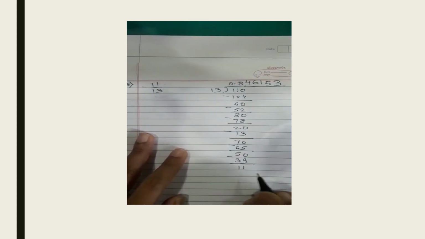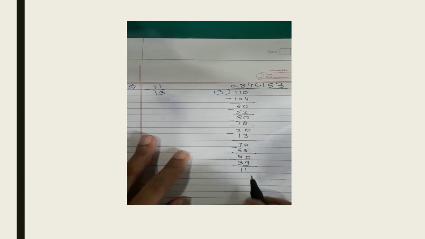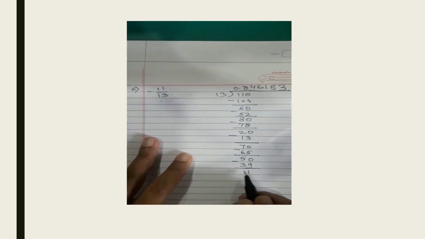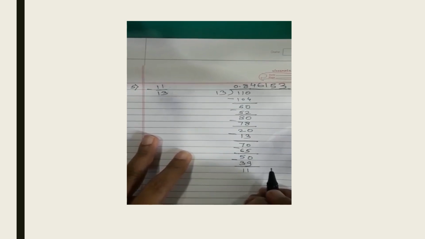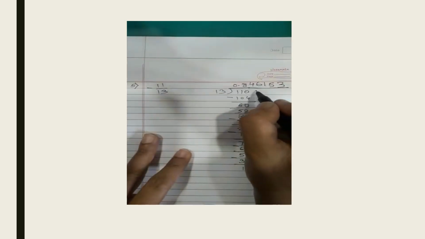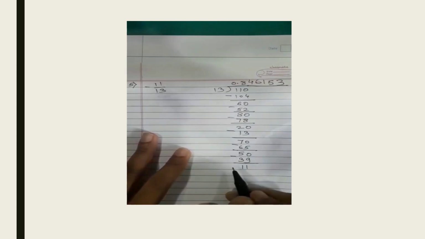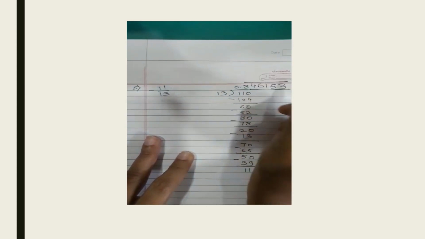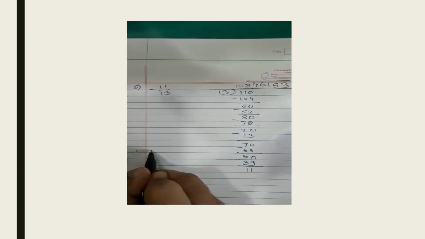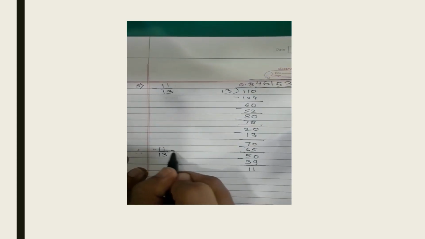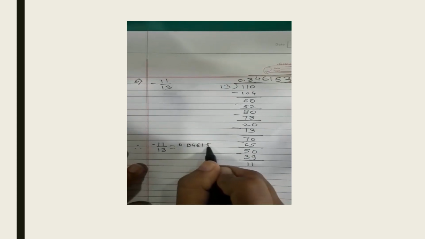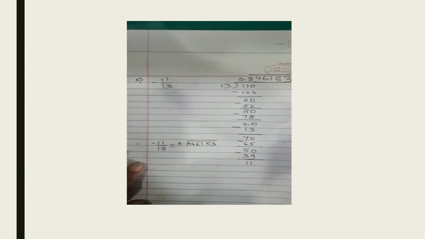Remainder is 11. 11 and 11, that is, this remainder repeats, and therefore the division will repeat from this step again, and therefore give a recurring sign here, and therefore minus 11 upon 13 is equal to 0.846153 recurring.